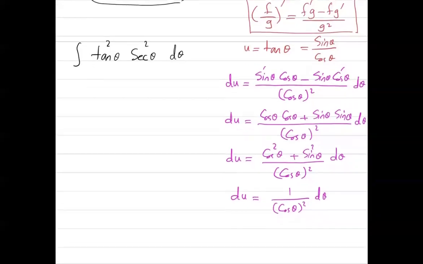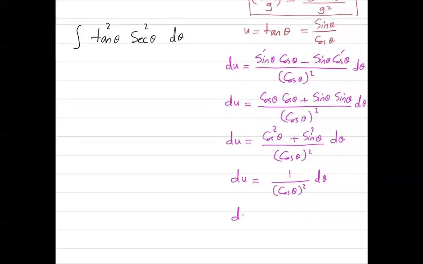This fraction in turn can be written as 1 over cosine theta to the second power d theta, and by definition, 1 over cosine is secant.